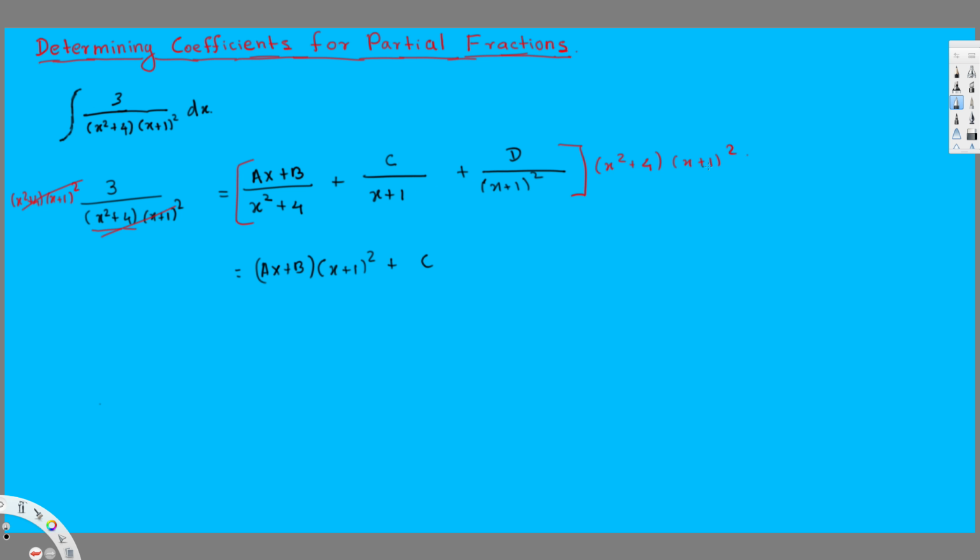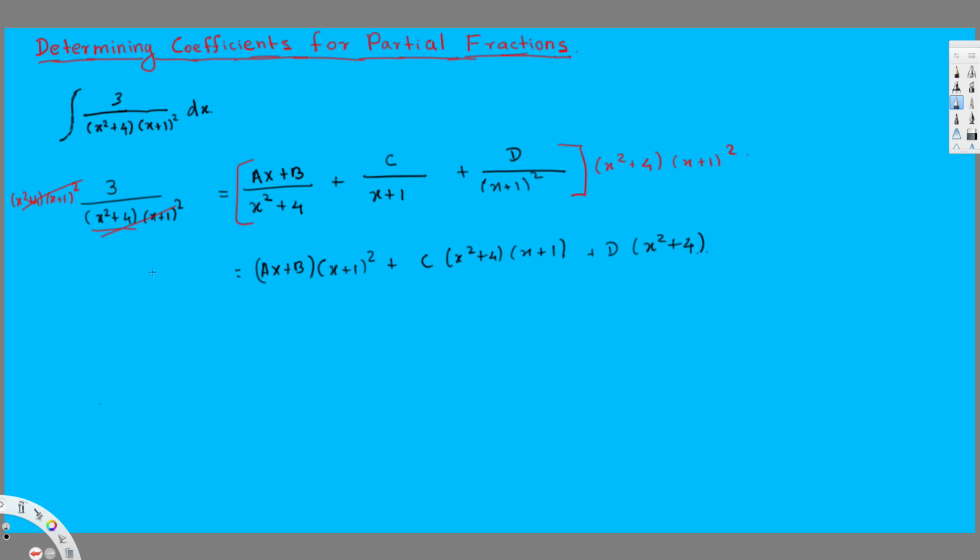This is (x plus 1) squared, so one of these will cancel, but one will remain, and we are going to have (x squared plus 4) times (x plus 1). And for the next one, (x plus 1) squared will cancel, and we will have x squared plus 4, right?